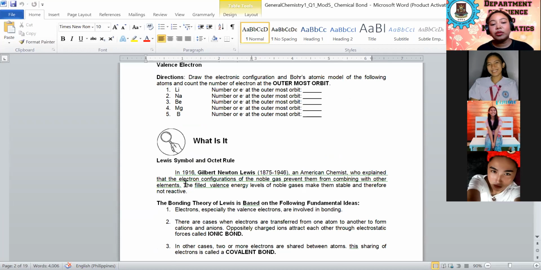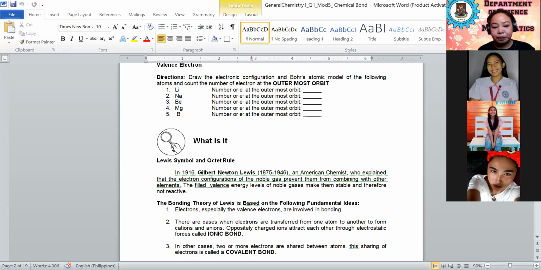According to him, the valence electrons of the noble gases are already filled, which is why they do not participate; they are already full. Their intermolecular force is neutral, and the strength of the positive is just enough to hold the negative so they do not move away from the atom.